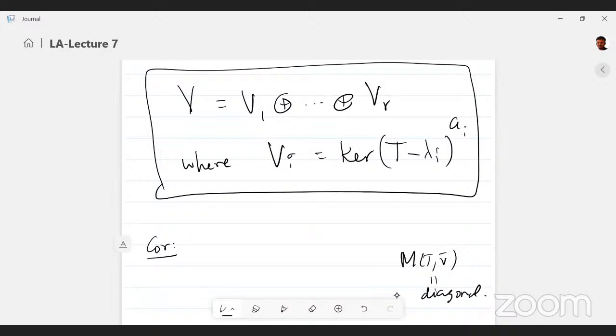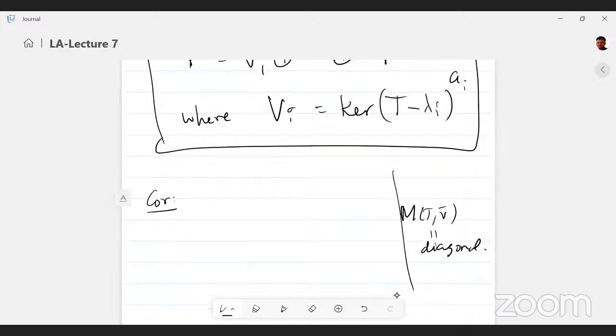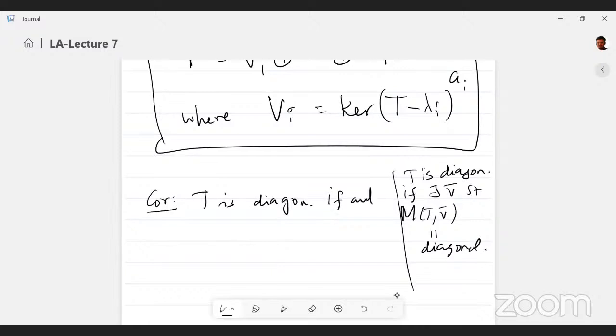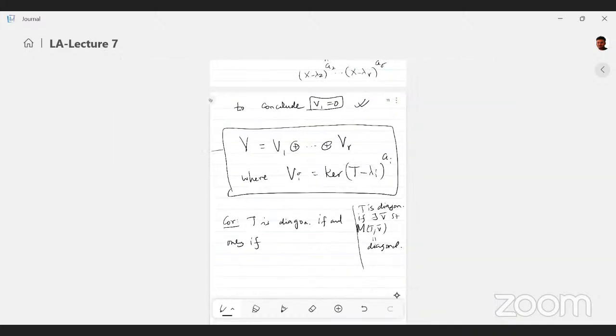So in that case, we call this T diagonalizable, if there exists a basis V bar such that this happens. Now what one can prove is that T is diagonalizable if and only if... look at this decomposition here. When will this actually become a diagonal matrix? You already know the answer.